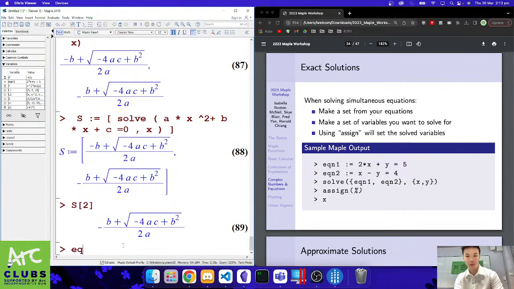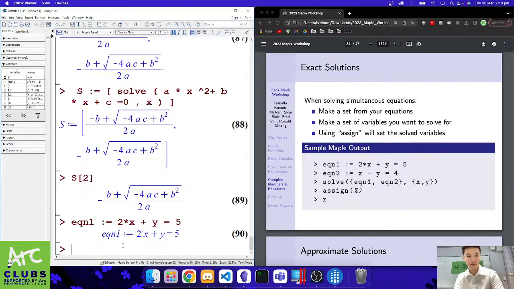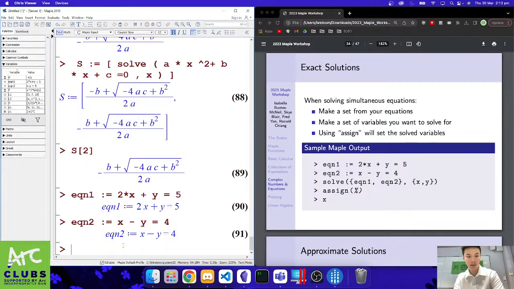So if we have equation 1 and we set it to equal 2 times x plus y equals 5, and we have equation 2 and we set it to x minus y equals 4.